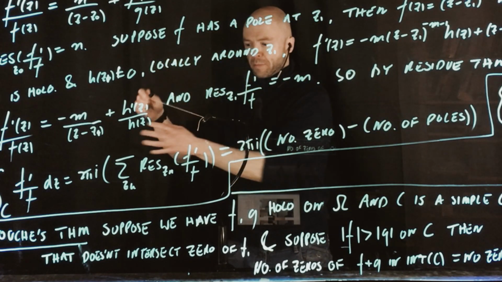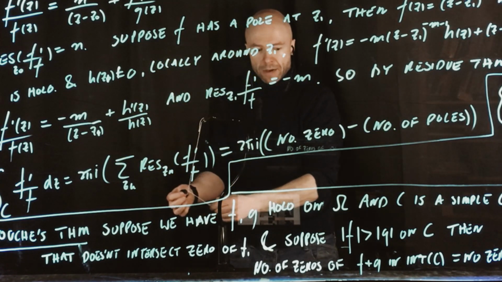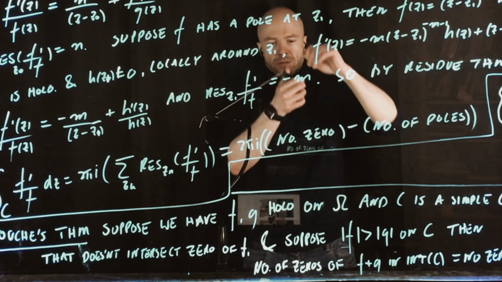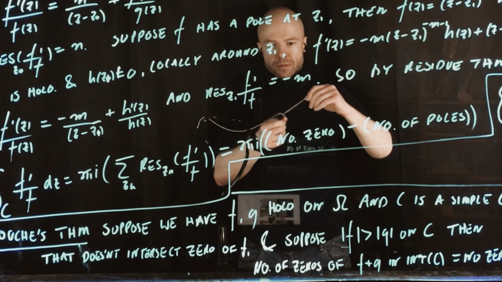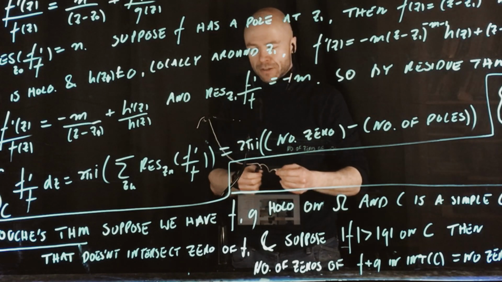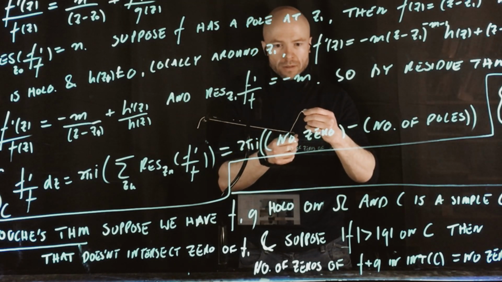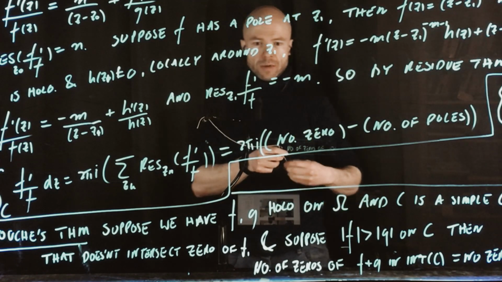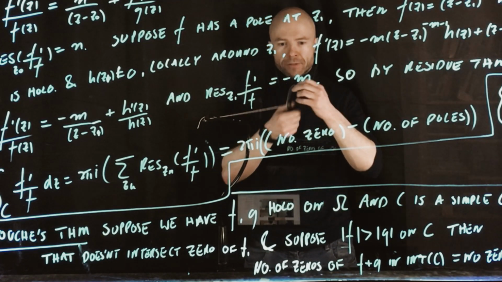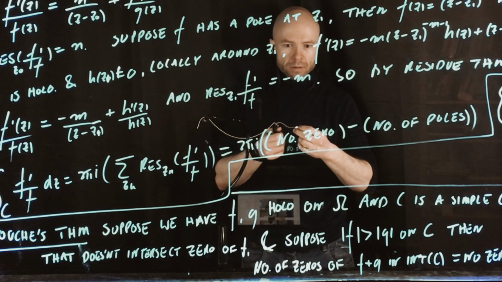This is a simplification because I'm taking F to have a constant absolute value here. But if I had a more sophisticated model, the same thing would still be true. So long as this is always true, whatever wrapping around F does, F plus G must do the same wrapping around.